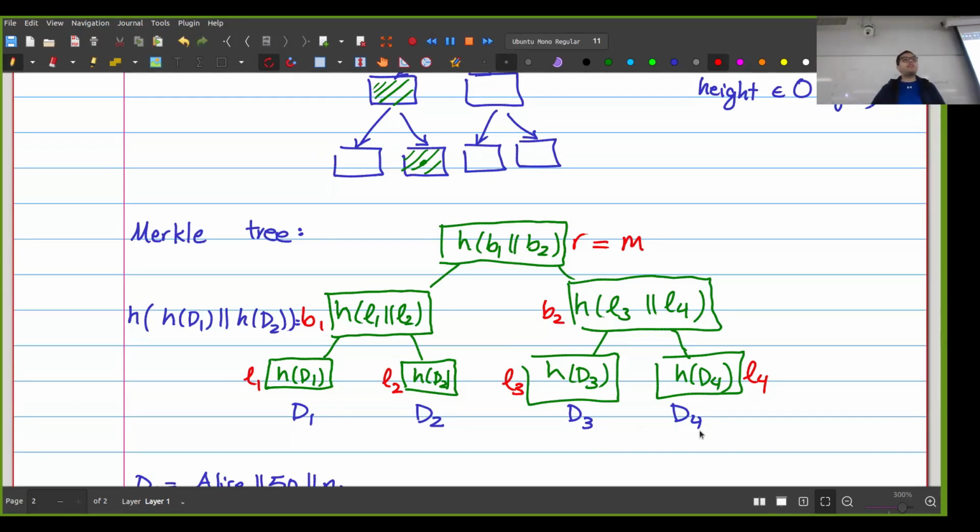Because if I later want to change any of them, let's say I want to change D2, this would also change L2 because it's just the hash of D2. But if it changes L2, it will also change B1. Generally, whenever any node in this tree changes, it also changes its parent, because you have to recalculate the hashes. So when I'm giving the hash of the root, I'm committing to everything in this tree.